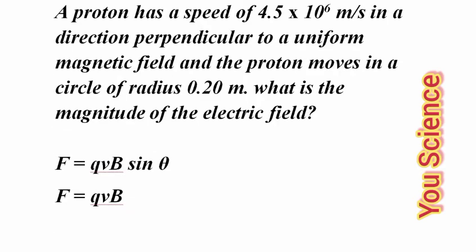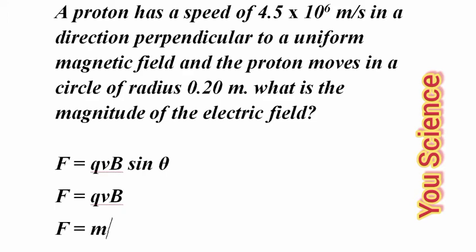Now we also know that the proton moves in a circle of radius 0.20 meters. So therefore, if it moves in a circle, it also means that the force F acting on the charge is equal to the centripetal force on the object.